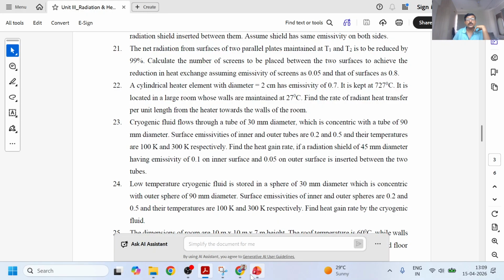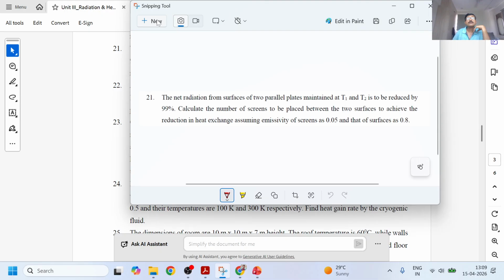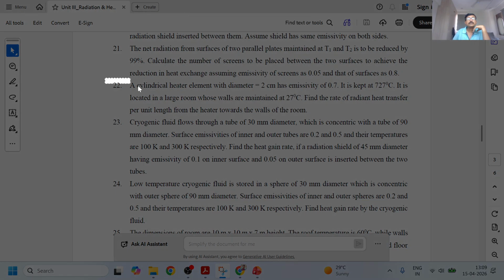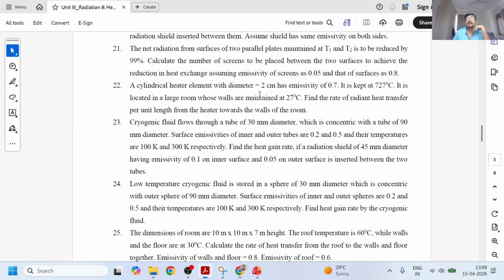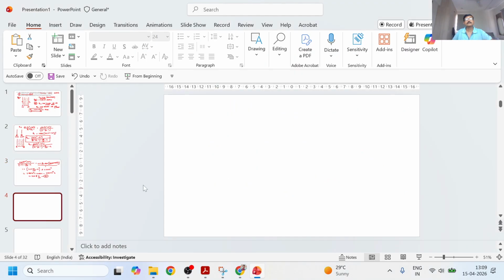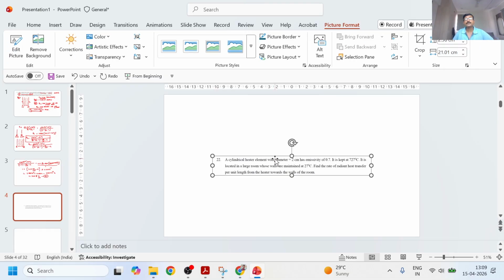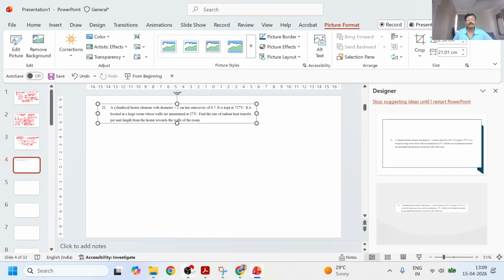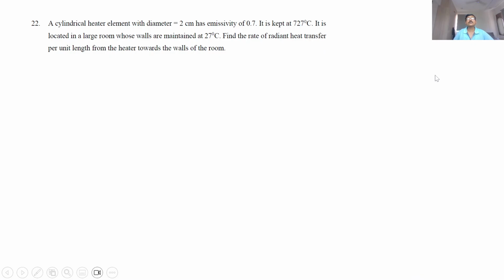Problem number 22. Let's copy paste it. Okay, so let's interpret the data for this problem.